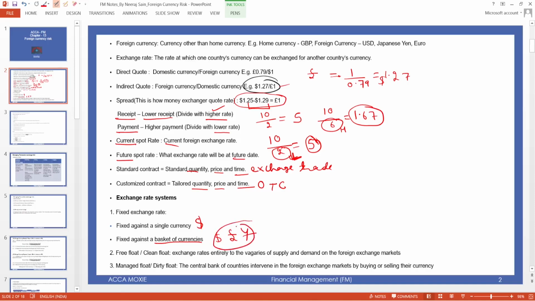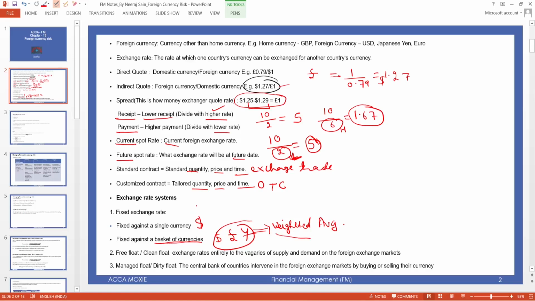When you take the weighted average of all these, you will get the exchange rate. In the first one, your domestic currency exchange rate is linked to the dollar, and in the second, your domestic currency exchange rate is linked with a weighted average or basket of currencies.